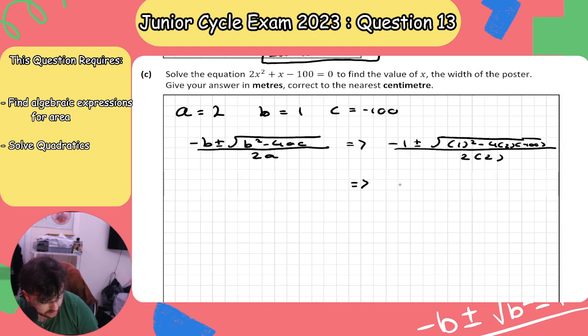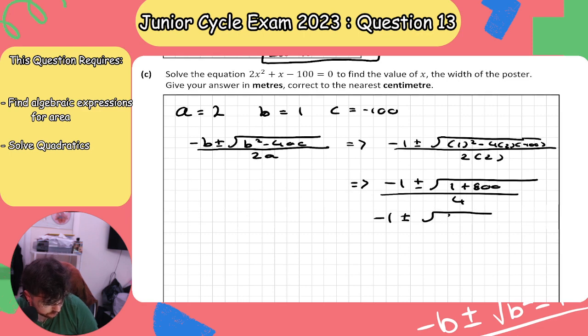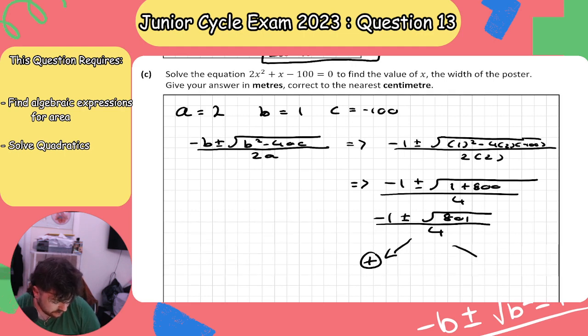So that is going to be minus 1 plus or minus square root of 1 minus 4 times 2 times minus 100, which is plus 800, all over 2 times 2, which is 4. So I have minus 1 plus or minus the square root of 801 all over 4. So when my sign is positive, when my sign is negative, let's get the two values here.